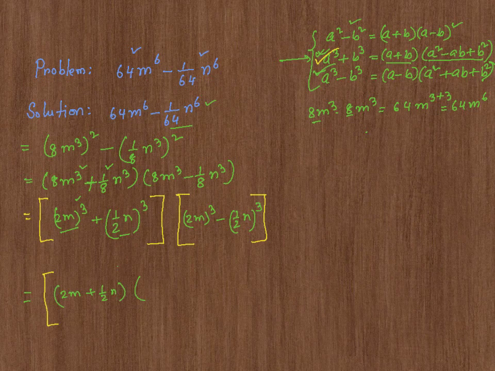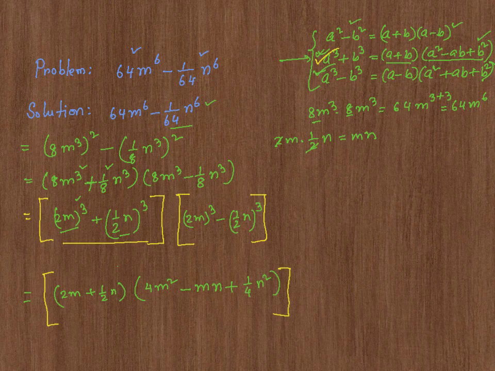I'm going to simplify it right away. 2m whole square is 4m square. Then ab is 2m times 1/2 n, the 2 and 2 cancel out, which gives you mn. So it's minus mn plus 1/2 n whole square, which is just b square. 1/2 n whole square is 1/4 n square. And that's what I get from this one.